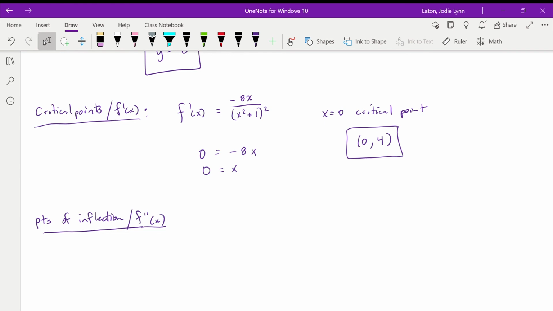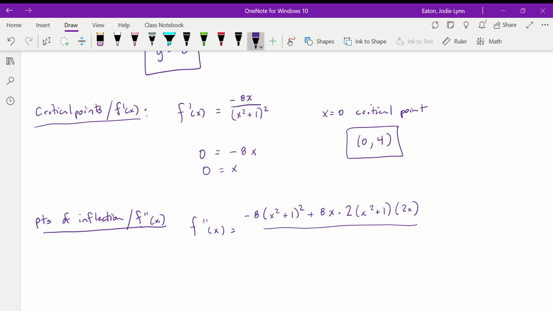So negative 8 times x squared plus 1 squared, minus high, so plus 8x times d low, times 2 times (x squared plus 1) times 2x. Square the bottom, and there you go.